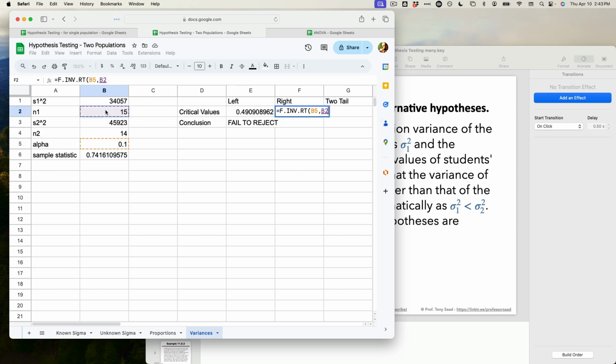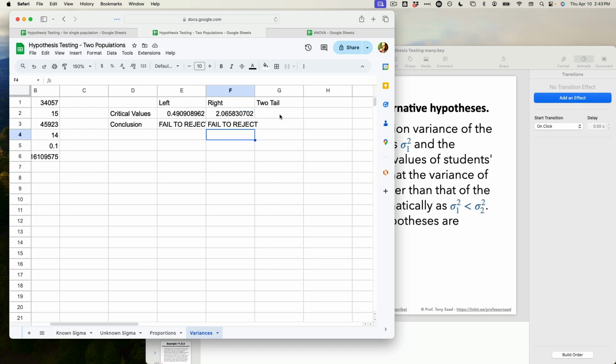We have degrees of freedom in the numerator and then degrees of freedom in the denominator. Okay? And then again, you can copy and paste this here. But in this case, if B6, your sample statistic, is greater than this statistic over here, okay, then that would be a right tail test.